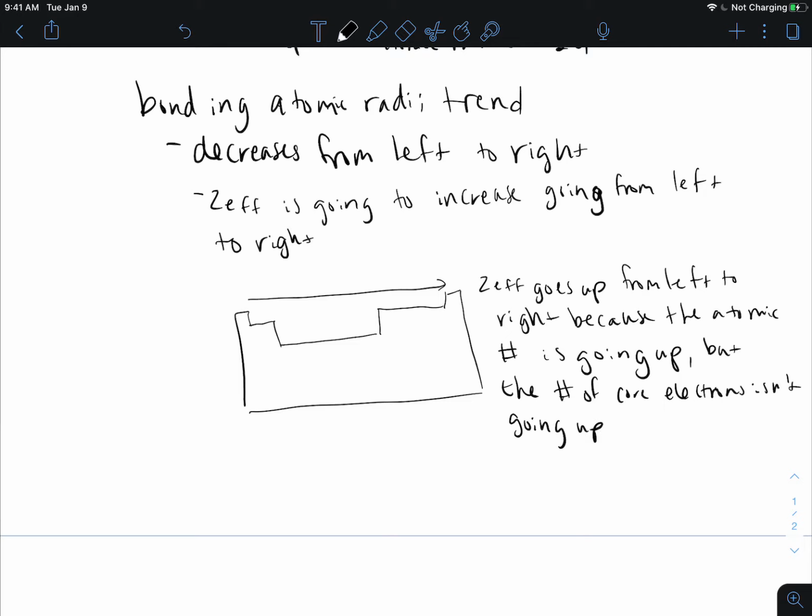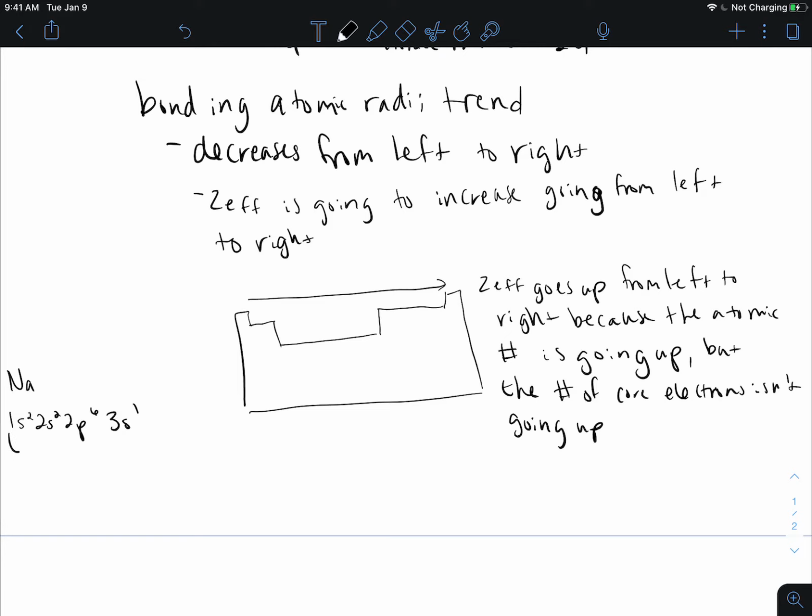We can see this if we look at something like, let's take sodium versus phosphorus. Sodium is 1s2, 2s2, 2p6, 3s1.